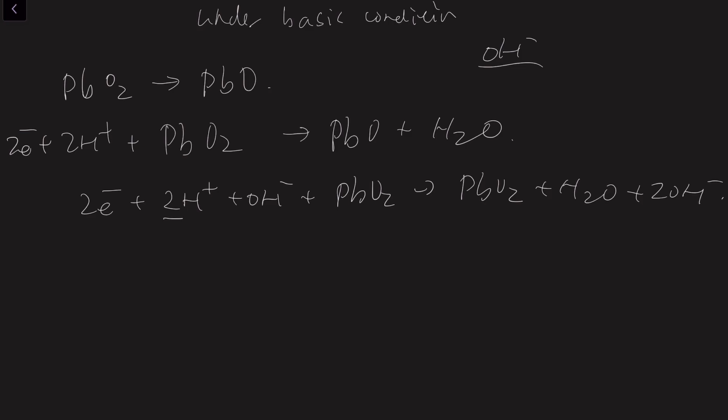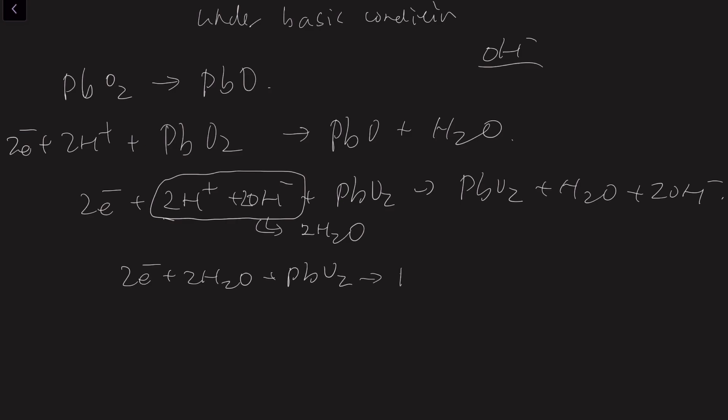So what is this? What is H plus OH? So this is H2O. So they combine to form water. So it should look like something like this. And we have 1 water on the right, 2 on the left. So we can cancel out one of them.